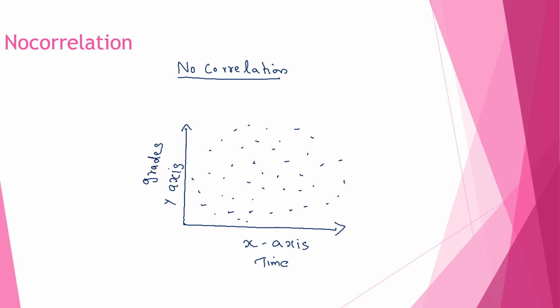You can take an example, time and grades. Time spent for studying and grades. We cannot assure how much time you are spending will be reflected in your grades. So there is no specific relationship between time and the grades allotted for the academics. So hope this is clear to you.